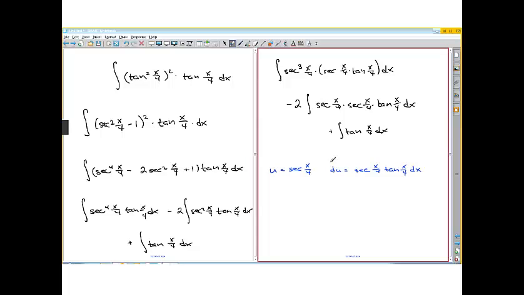So it says the derivative of the secant, well, actually we do have to worry about it, secant of u, tangent of u times u prime. So we actually do have, this is multiplied by 1/4, because this is the du part, the u prime part.